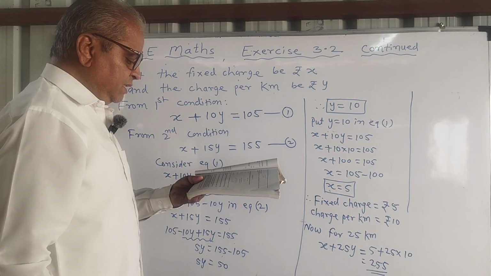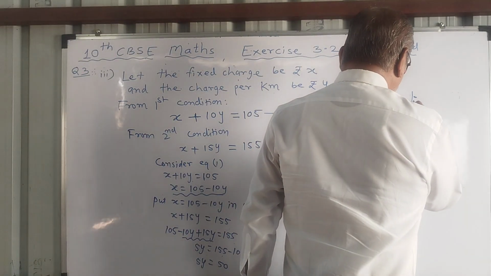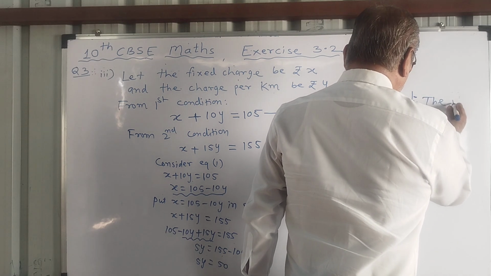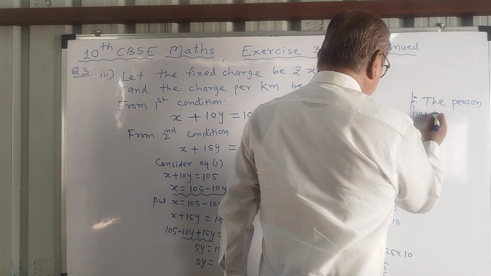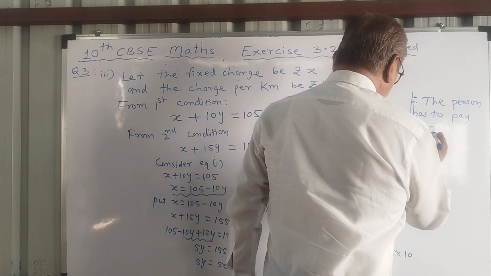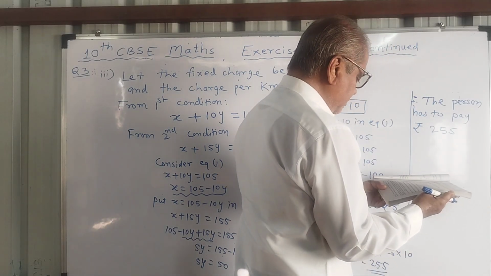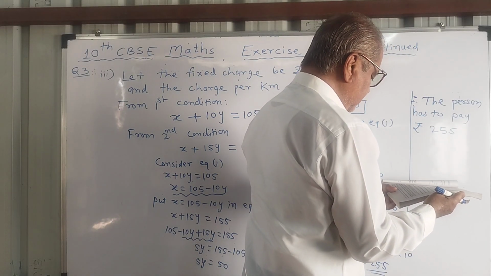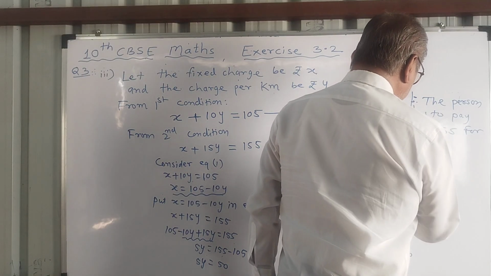So the final answer for the next part of the question we will write. The question is, how much does a person have to pay? Therefore, the person has to pay rupees 255 for traveling 25 kilometer distance.